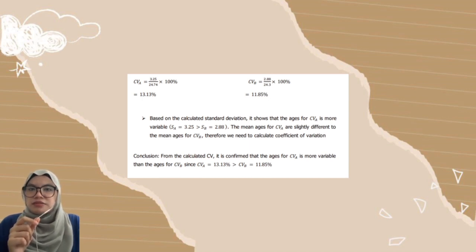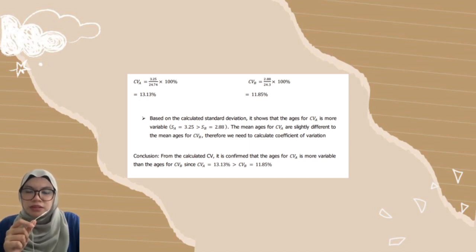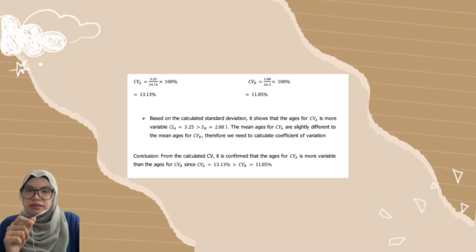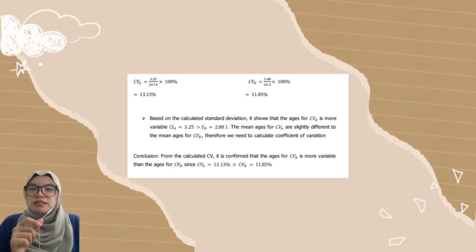The mean ages for CVA are slightly different from the mean ages for CVB. Therefore, we need to calculate the coefficient of variation. From the calculated CV, it is confirmed that the ages for CVA are more variable than the ages for CVB, since CVA equals 13.13% and CVB equals 11.85%.